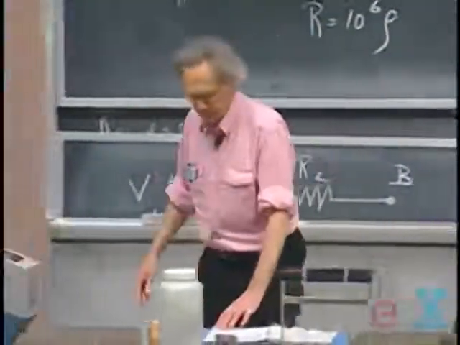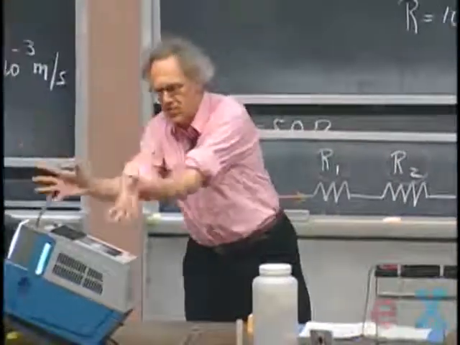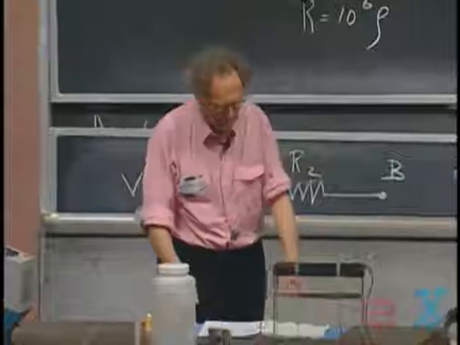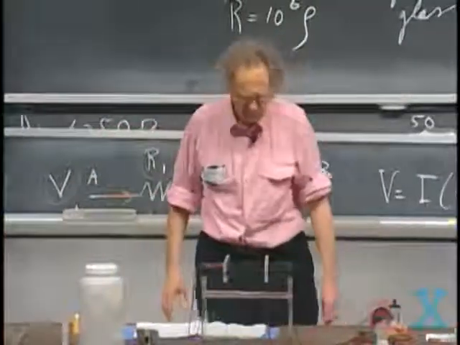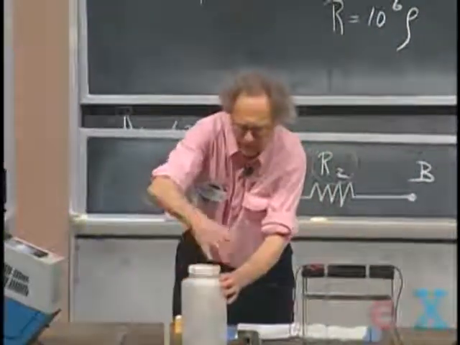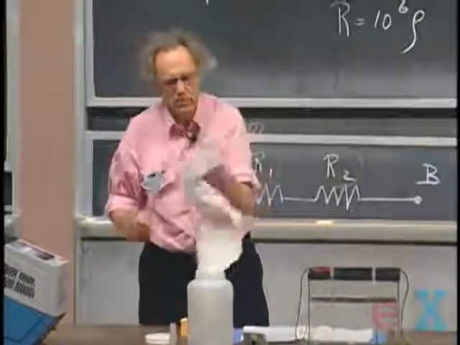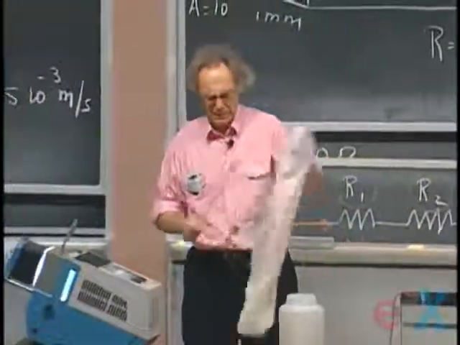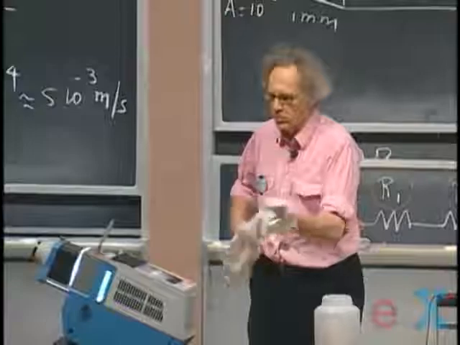And then I will create ions in the vicinity of the electroscope. But let's first put some charge on the electroscope. I have here a glass rod, and I'll put some charge on it.